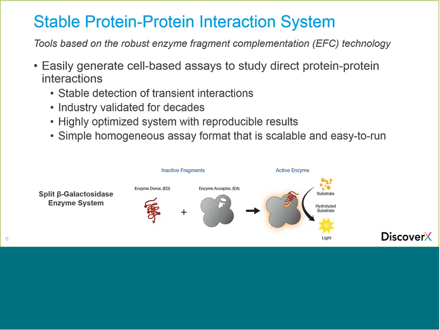All right, next we have the cloning vectors. Again, ProLink stands for the enzyme donor, the small fragment. These are plasmids for stable transfection of clonally derived cells. There are 4 available. Only 1 plasmid is needed for the creation of your cell-based assays to study any protein-protein interactions, and in our case, beta-arrestin 2 to your GPCR of interest.